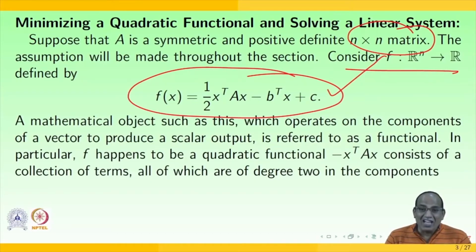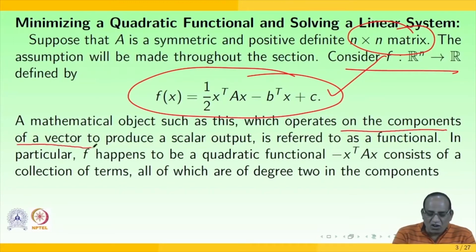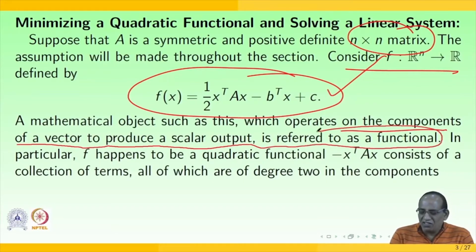Mathematical objects such as this, which operate on the components of a vector to produce a scalar output, are referred to as functionals. Let me repeat once again: a mathematical object such as one half x transpose Ax minus b transpose x, which operates on the components of a vector to produce a scalar output, is usually termed a functional.